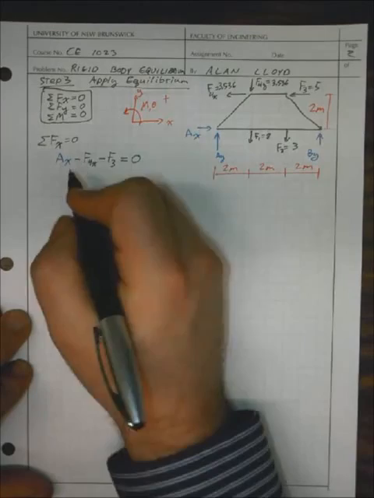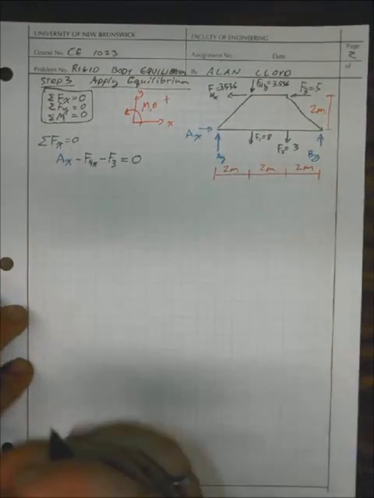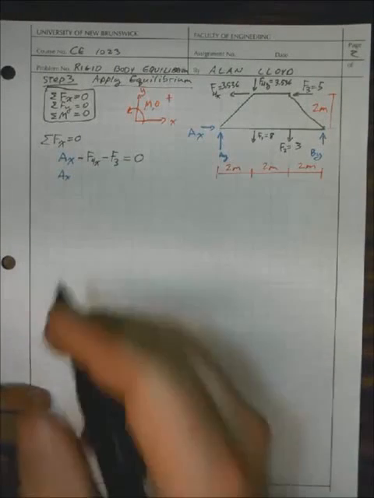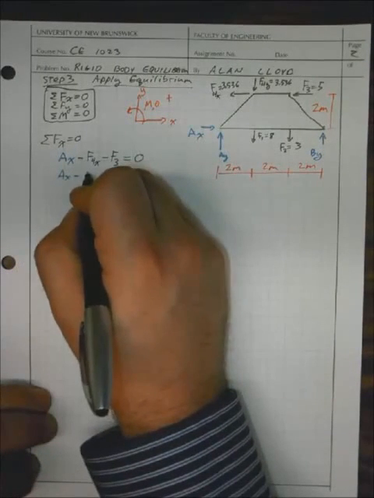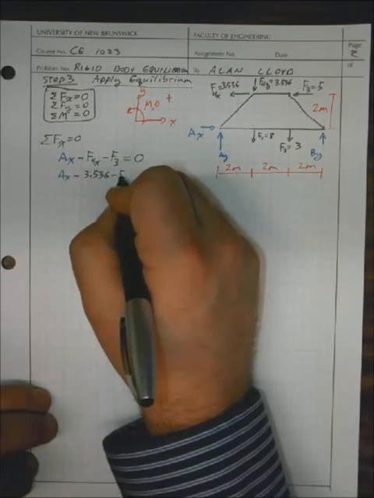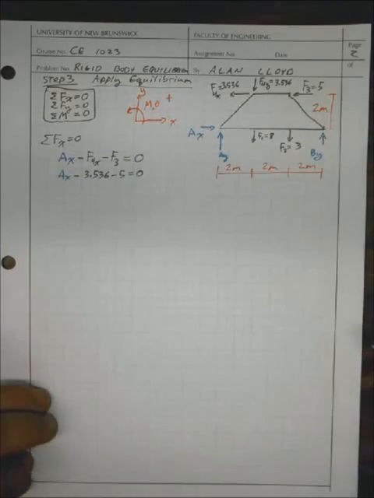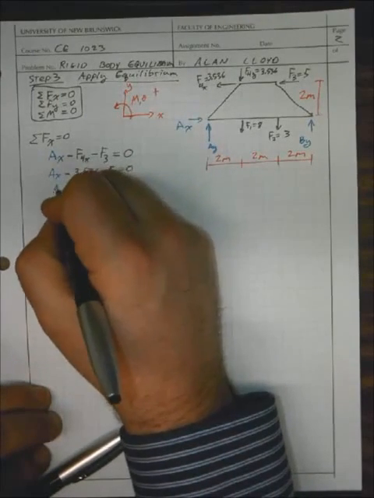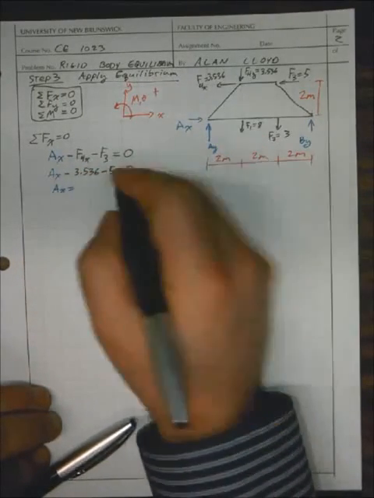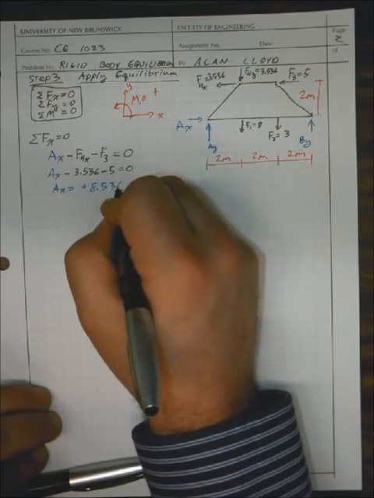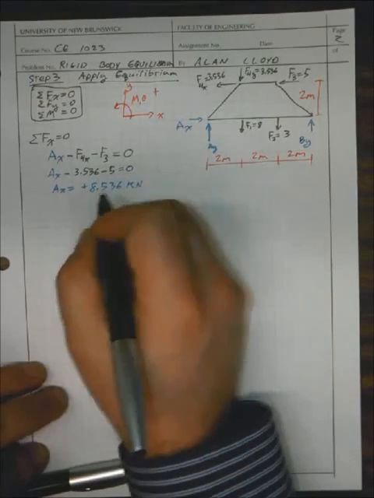We can plug in our values: AX minus 3.536 minus 5 is equal to 0. And now we're left with AX is equal to plus 8.536 kilonewtons.